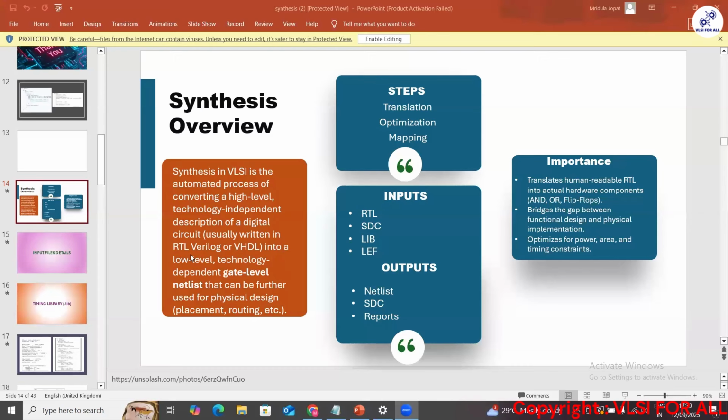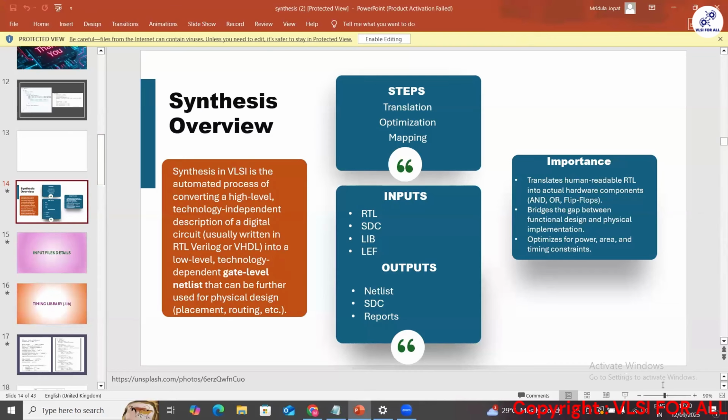Yes. Okay, fine. So I'll just explain in short, for those who did not attend yesterday's lecture, it was a complete overview about what synthesis actually is. Synthesis is a conversion of a high level language.